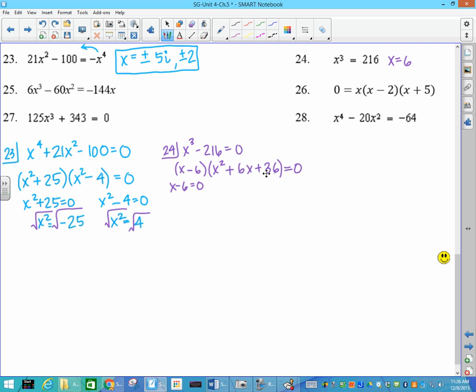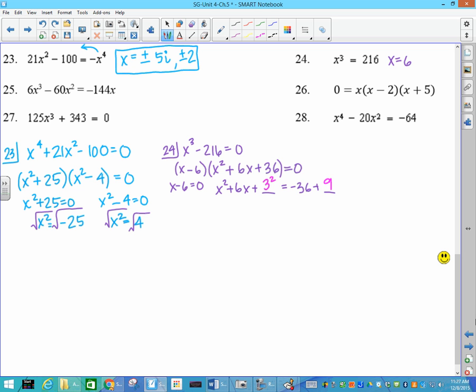This guy is always prime, so I have to complete the square or use quadratic formula. And y'all know me by now. If that's even, I'm going to complete the square. So that's going to give me x squared plus 6x plus something equals negative 36 plus something. Okay, why did I write a 1? Because my blank was perpendicular. What goes in that blank is 1/2 of 6 squared. And then I square it out over here.